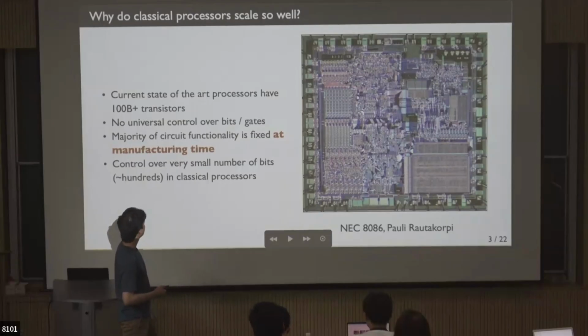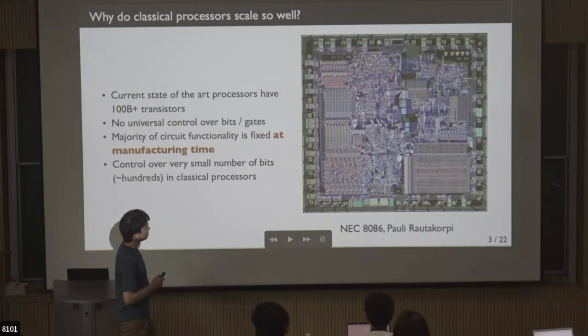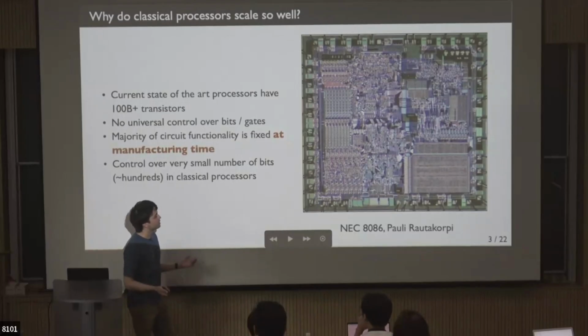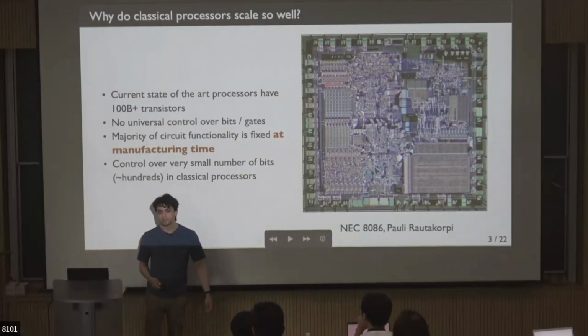And we actually have control over a very small number of bits of this processor. Right here, these little pads that you see are wires going to the outside world. In this device, there are probably something like 40 of them, to control something that has, I don't know, several thousand transistors at least.